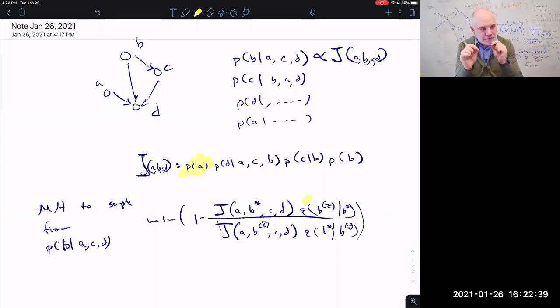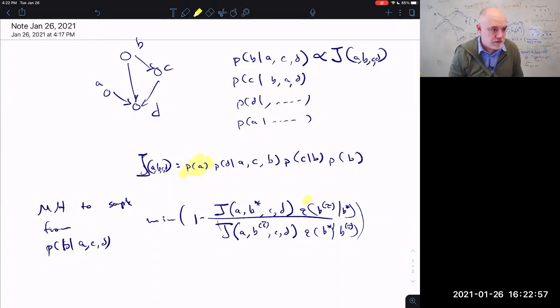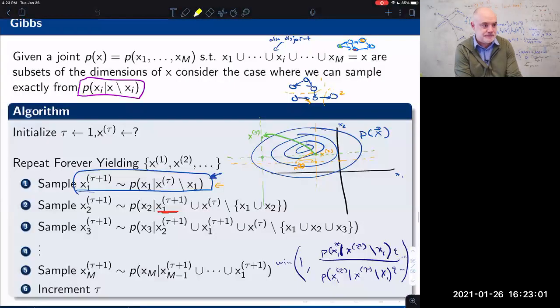So basically you can propose small changes in small subsets of the variables. And that's still very advantageous because you don't have to design a proposal distribution that works over the entire space. Does that make sense? Yeah, it makes sense. It makes sense for everyone else? Okay, cool. Awesome.